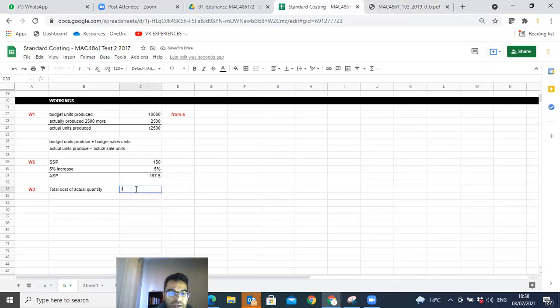We have the price per kg, which was given to us as 190. So that means we can work out the actual quantity, the total actual quantity used.